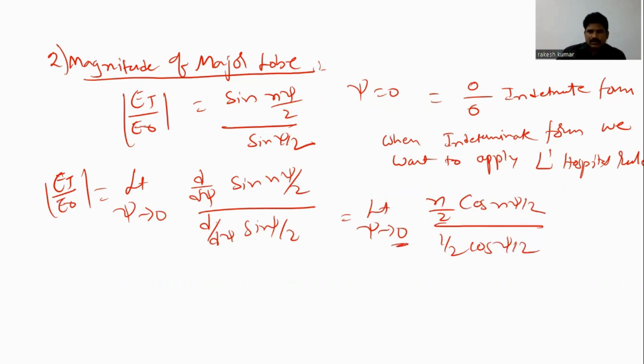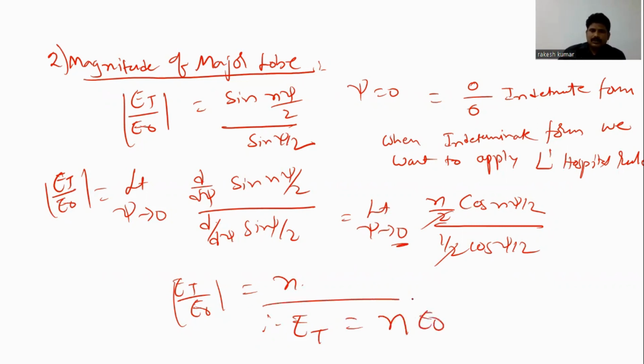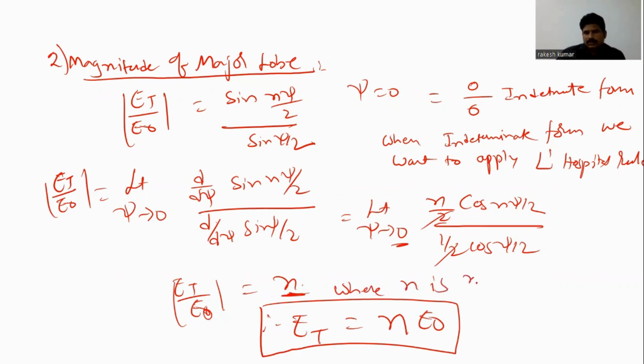If I substitute psi equal to 0, the 2s get cancelled. Therefore, the maximum value is Et by E naught equal to n, where n is the number of elements.